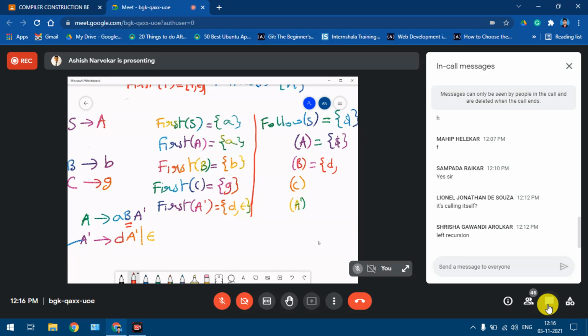Epsilon we cannot consider. When you substitute epsilon over here, it's as good as this is disappearing. So based on the change that happened over here, follow of B will be equal to follow of A, so a dollar will come over here.